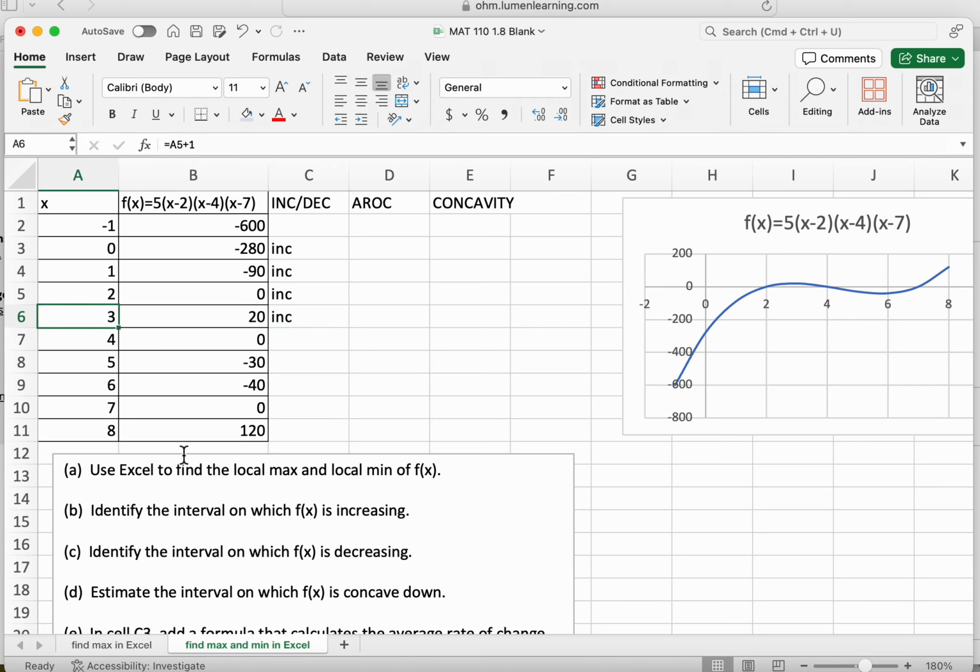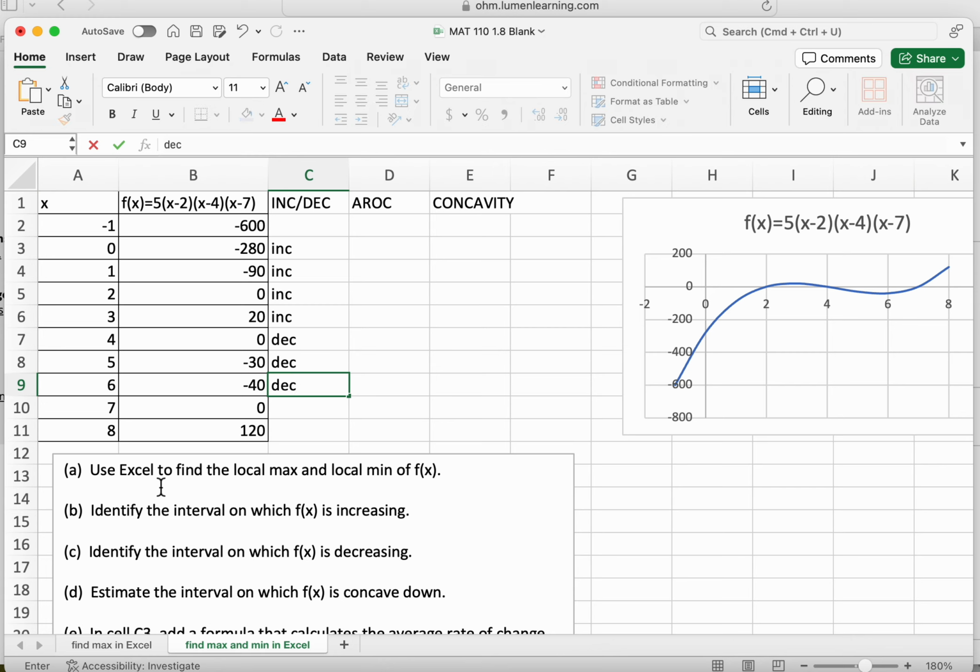When my x value goes from 3 to 4, my y value went from 20 to 0. Now it's starting to decrease. When my x value goes from 4 to 5, my y value goes from 0 to -30. It's decreasing. When my x value goes from 5 to 6, my y value went from -30 to -40.